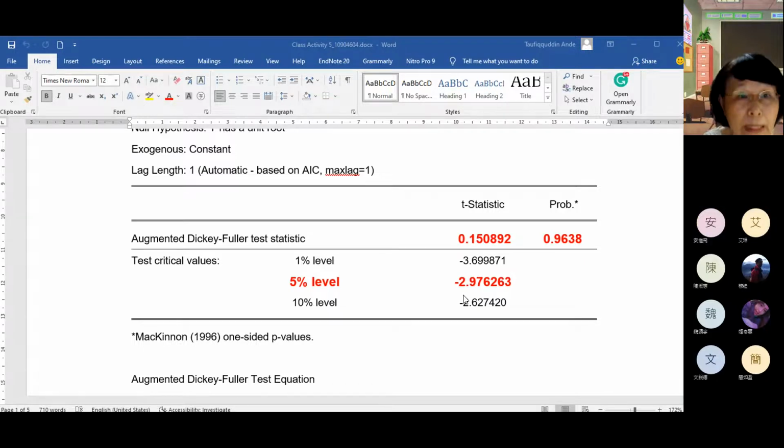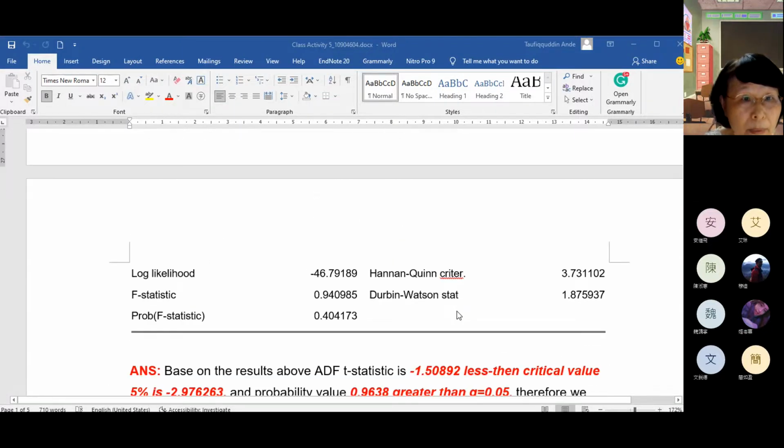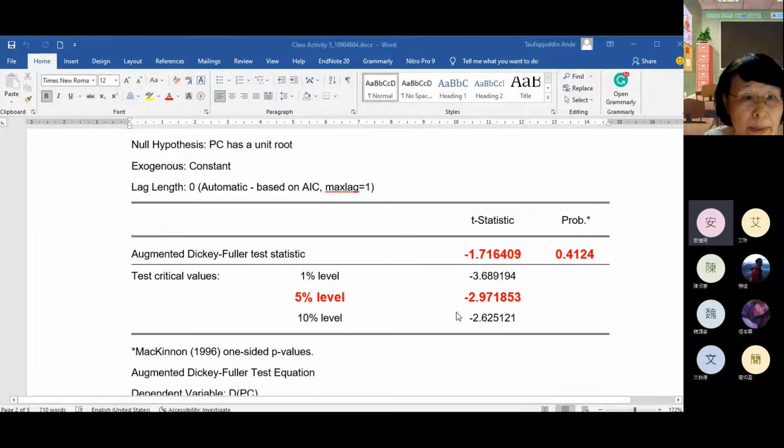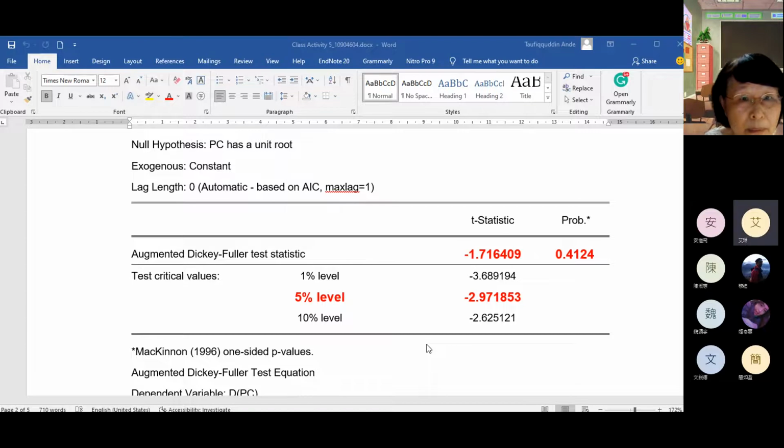Okay, let me see the other variables. This one is variable PC, right? Then you're using the same version, 5%.